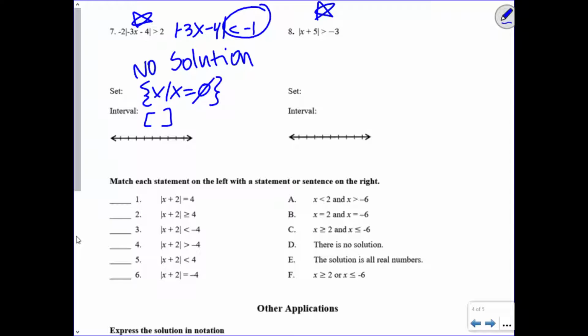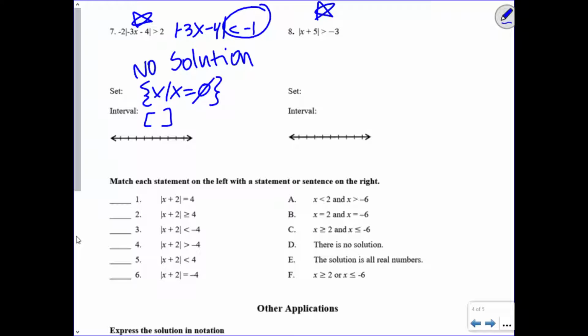So it takes some of the work away. You don't have to do the split and solve stuff. You just have to simplify it, look for that little special case, and then quickly write down the solution and then move on. Okay? So when it's equal to a negative number or it's less than a negative number, no solution. Write that down, you're going to forget.